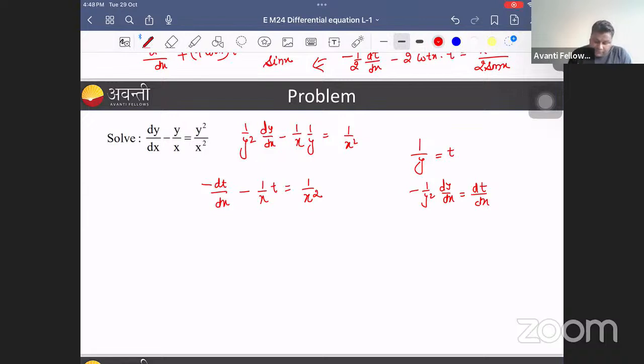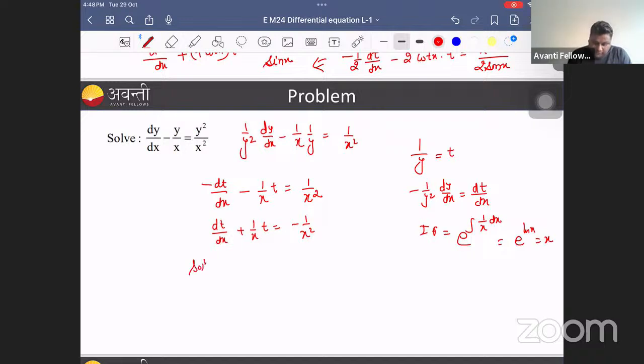Now multiply this equation with a negative sign. So dt by dx plus 1 by x into t is minus 1 by x square. Now if you find the integrating factor, it would be e to the power integration 1 by x dx, that is e to the power ln x, that is x.